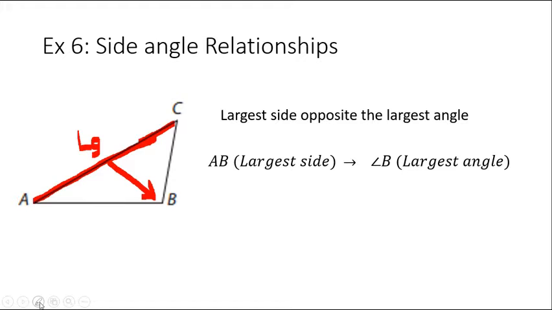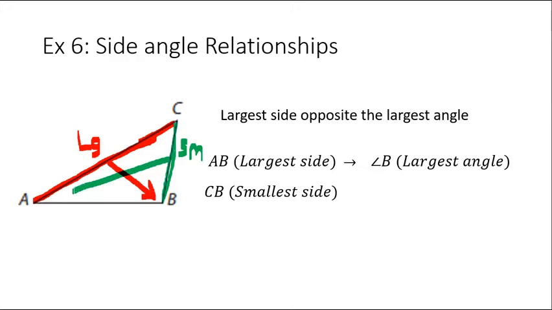If you look at the smallest side here, we say it's CB. So this side here is the small side, SM for small. And the angle that's across from it is angle A. So we say angle A is the smallest angle.